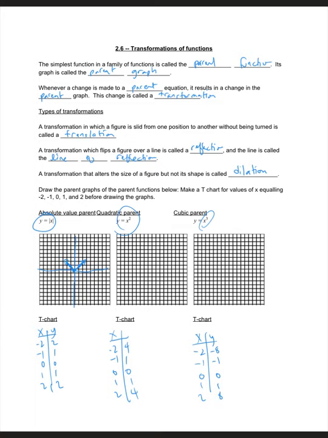So that's the parent graph of absolute value of x. I'd like you to pause the video and plot x squared and x cubed, and when you unpause the video, those graphs will be drawn. So here are the other two parent graphs. You will need to either memorize the shapes of these graphs, or I think it's best to remember how to build the t-charts for each of the parent graphs, so you can simply recreate the parent graph when you need to.